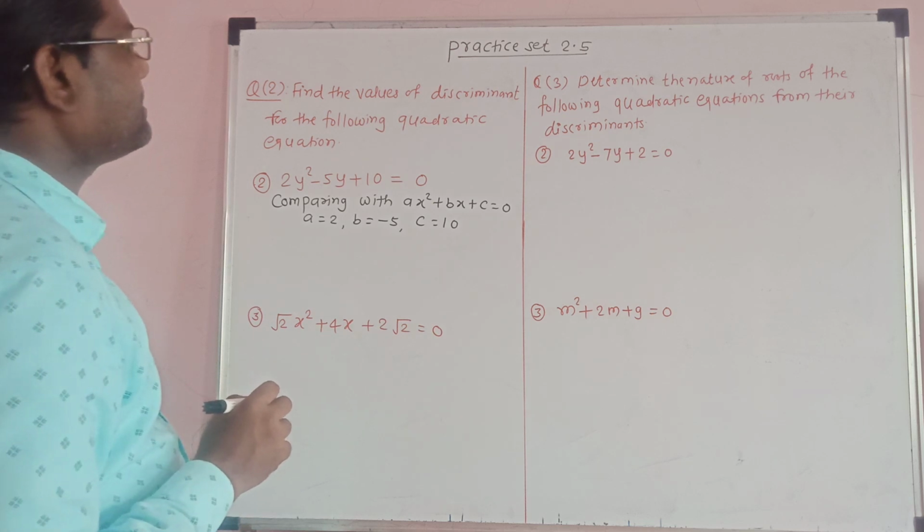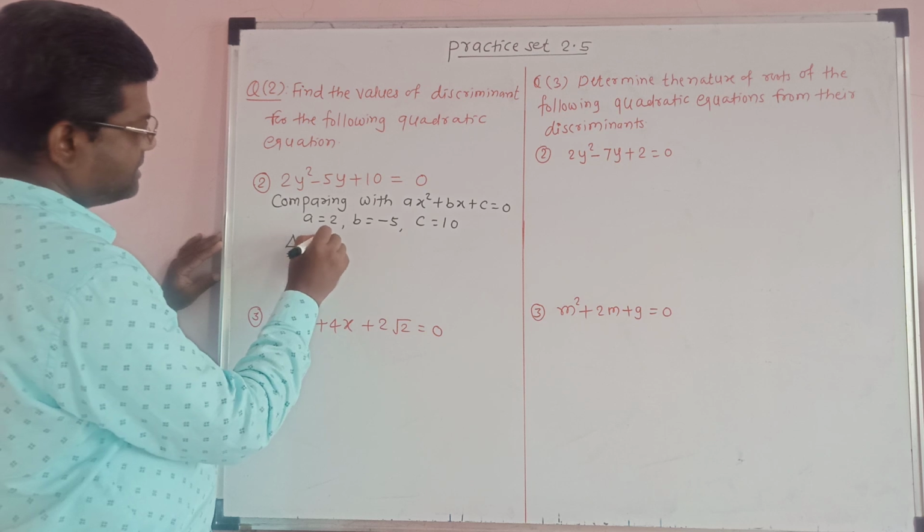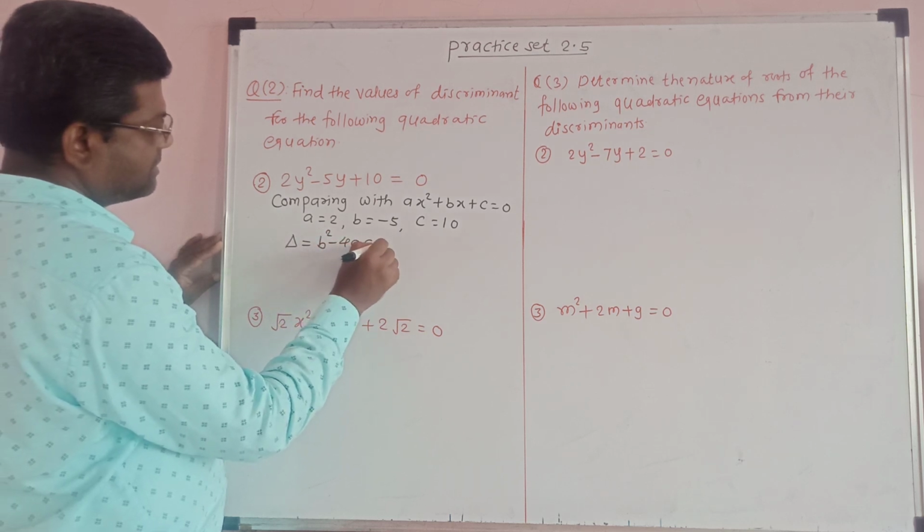We have to find discriminant. Discriminant delta = b² - 4ac.